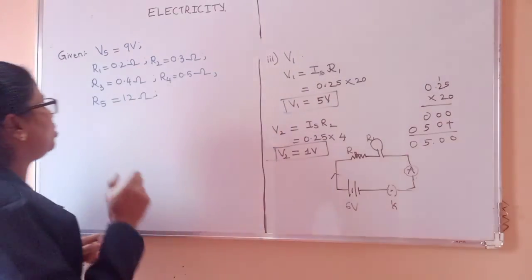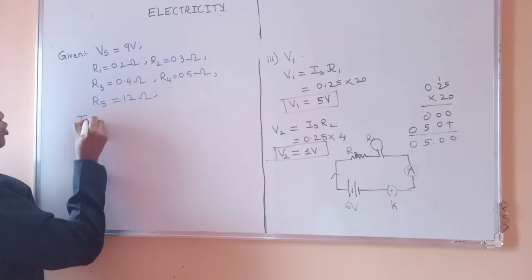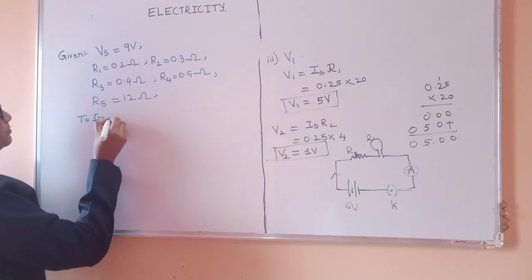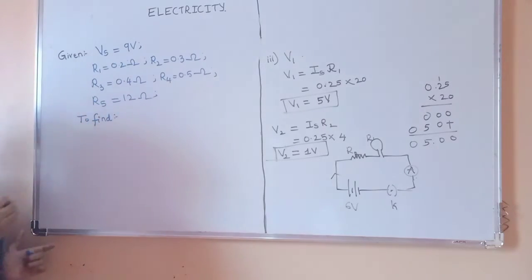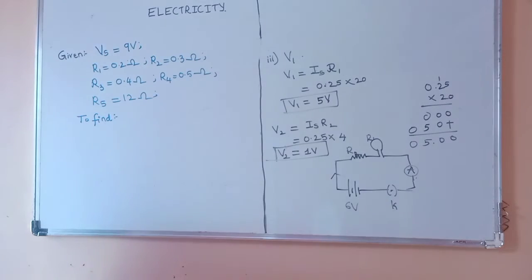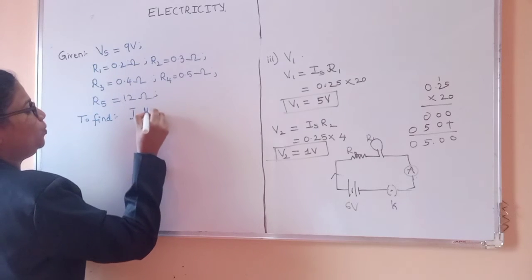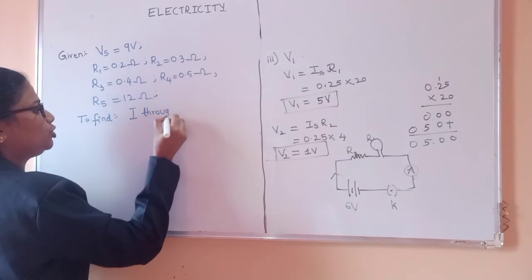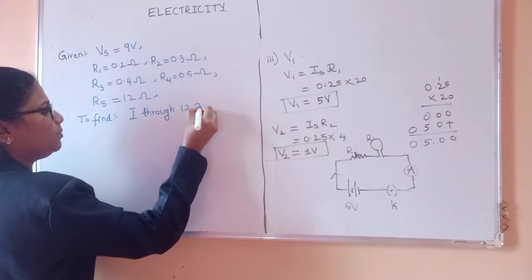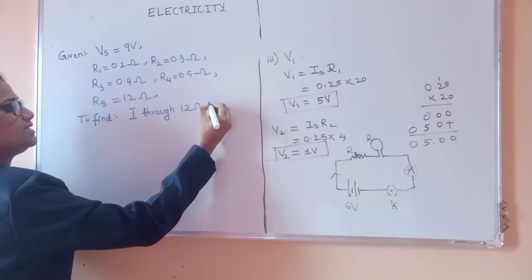Fine. Next, what do we have to find here? I think current, right? How much current would flow through the resistor? That is, the current I through the 12 ohm resistor, we can write.